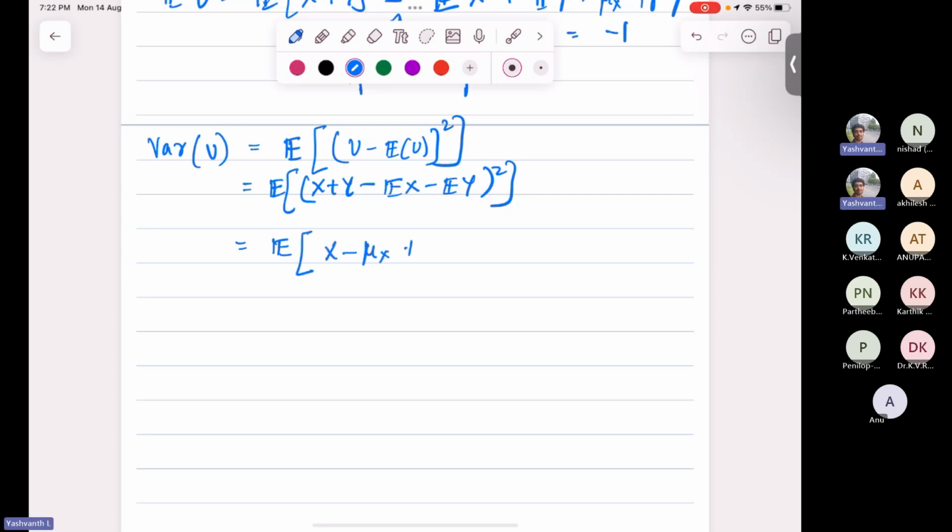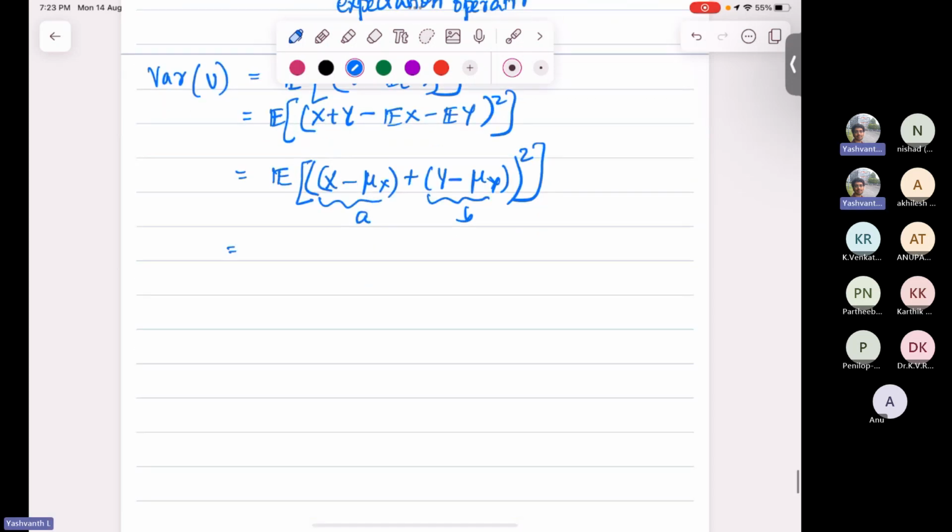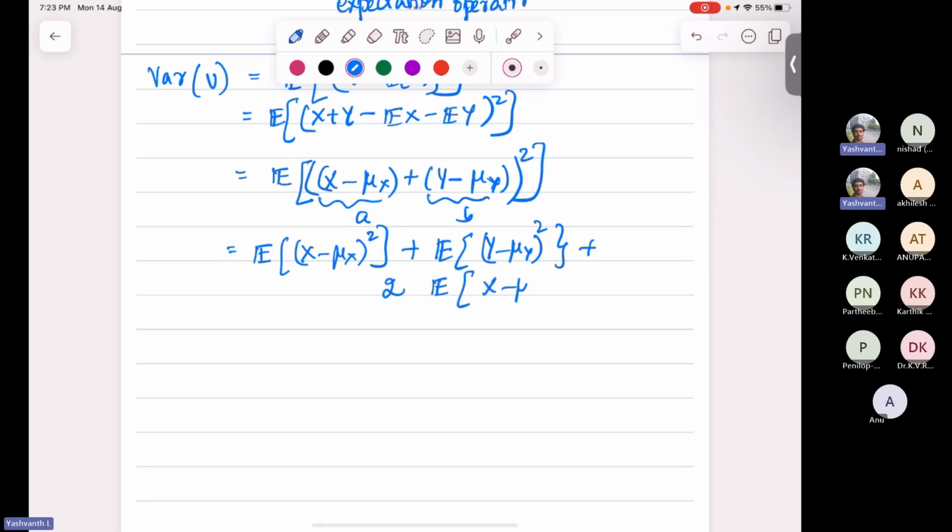I'm grouping the terms: this is like a, this is like b, so let's take (a plus b) whole square. Expectation of (x minus mu x) whole square plus expectation of (y minus mu y) whole square plus 2 into expectation of (x minus mu x) into (y minus mu y).